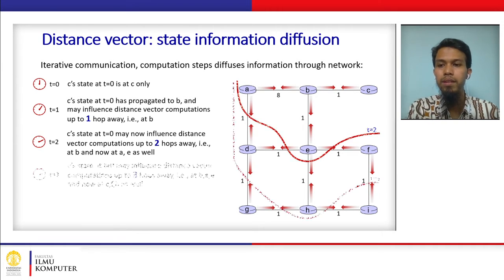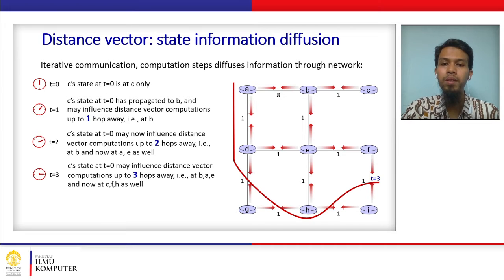And then at t equals 3, the information or state from C has propagated from A to D, and from E to D, F, and H. So basically, we have three more nodes that can be influenced by the state at C at t equals 0. So D, H, and F, as well as E, B, and A.